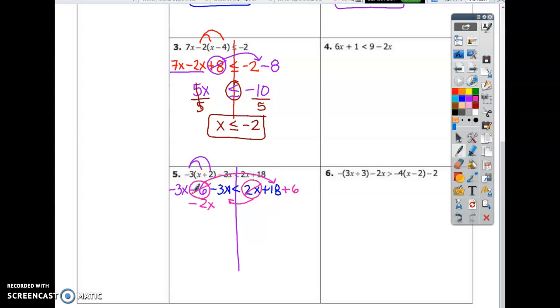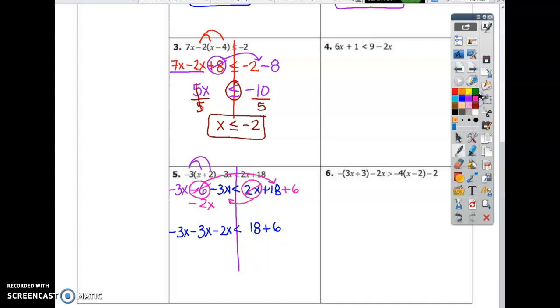Cancel. Okay, so let me rewrite it just so that you guys can see what's happening. I have negative 3x minus 3x minus 2x. Bring the sign down, less than, and then I have 18 plus 6. So now we combine like terms, okay?